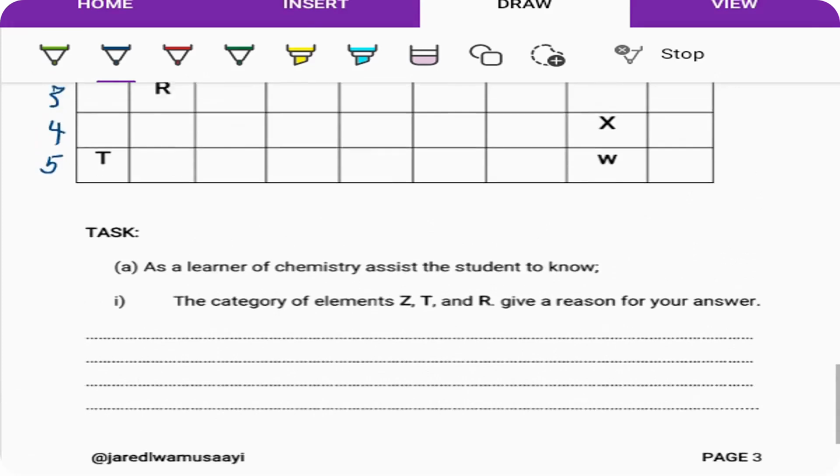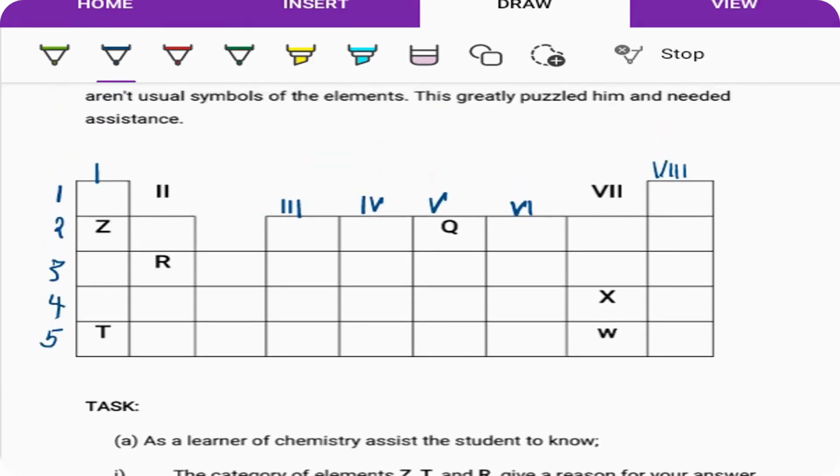So we cross check Z, T and R. That means Z and T are in group 1, whereas R is in group 2.